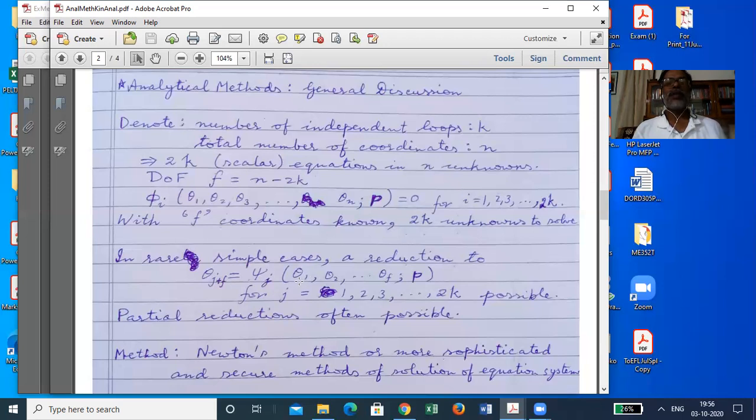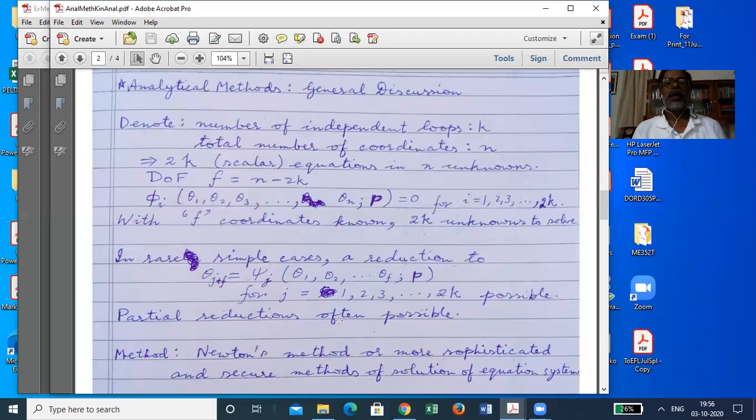Two of them you select, theta 1 and theta 2 properly, whichever ones are suitable, you name them as 1 and 2. Others will be 3, 4, 5, 6. Then you can say that theta 3 is this function of theta 1, theta 2, theta 4 is that function of theta 1, theta 2, and so on. You could do that in very simple cases. In other cases, you have to work out a numerical representation of that.